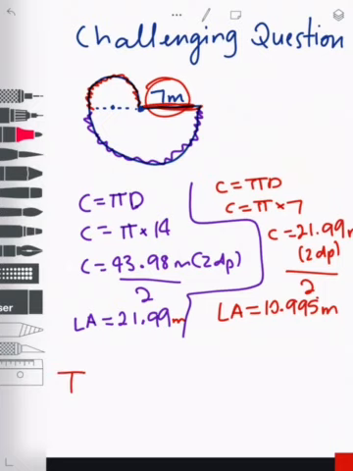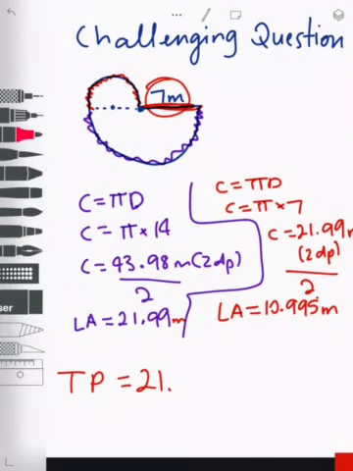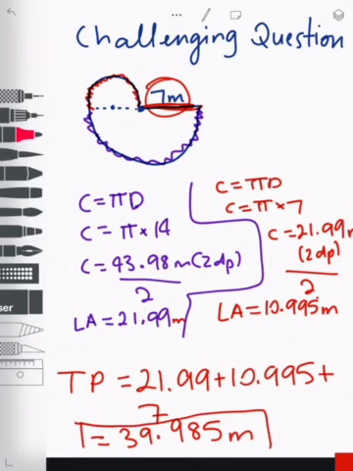So my total perimeter, P, is going to equal 21.99 plus 10.995 plus 7, which, quickly putting that in the calculator, equals 39.985. And don't forget to put your measurement, which is meters. And that is my final answer.